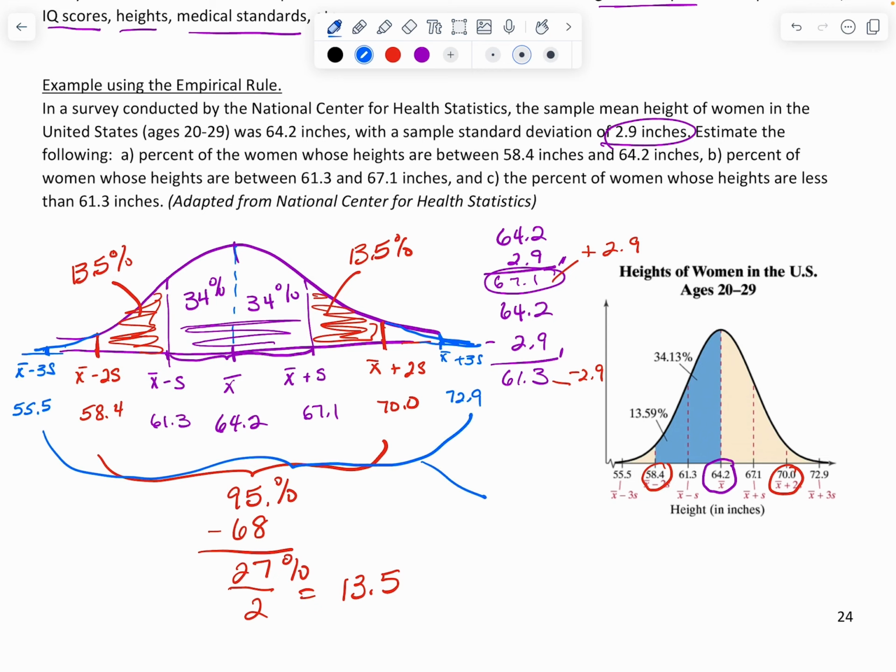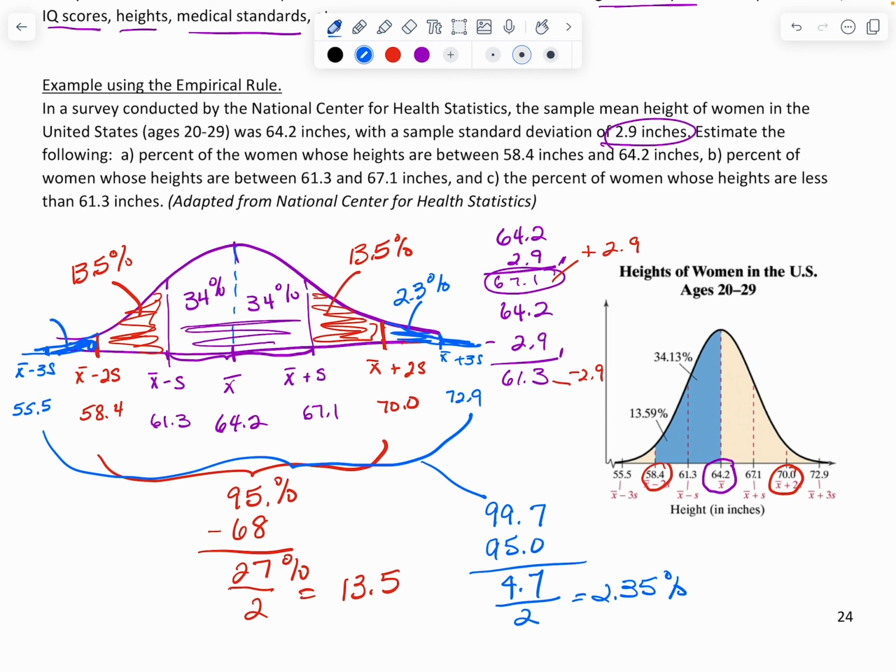Likewise, for the blue area, so now we're talking blue, that is 99.7% minus the 95 that we've already taken into account, and that gives me 4.7%. If I take 4.7 and I divide it by 2, so I can get some in this blue area and some in this blue area, that would be 2.35%.